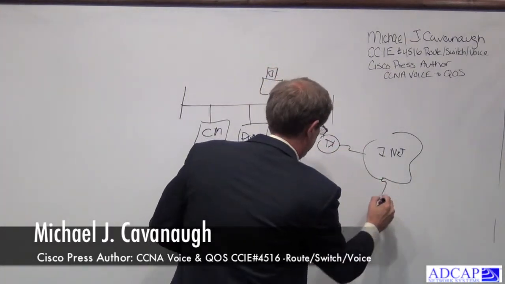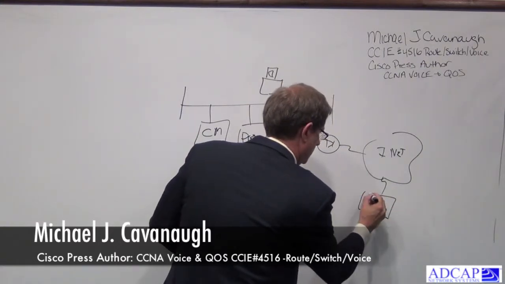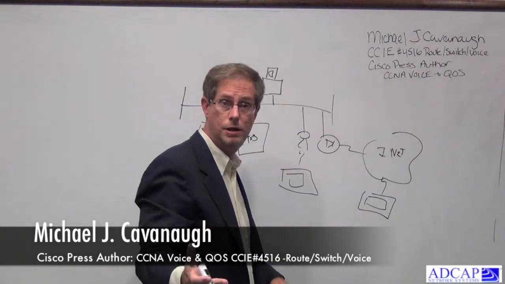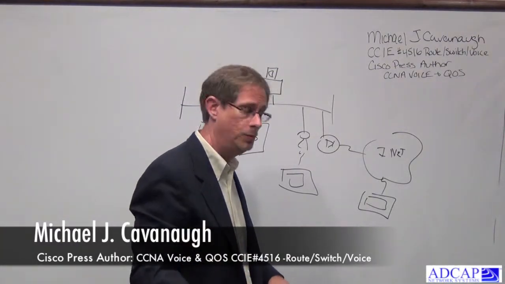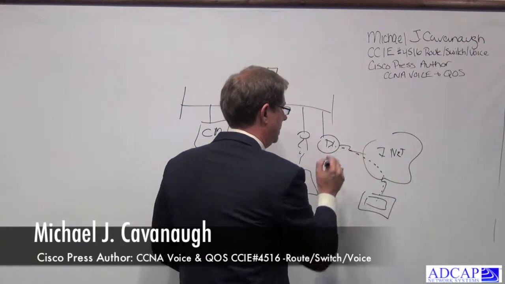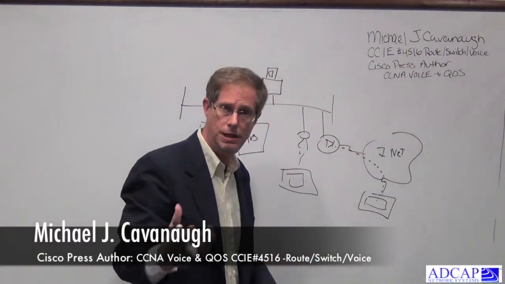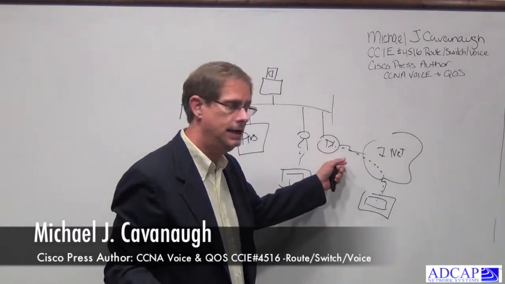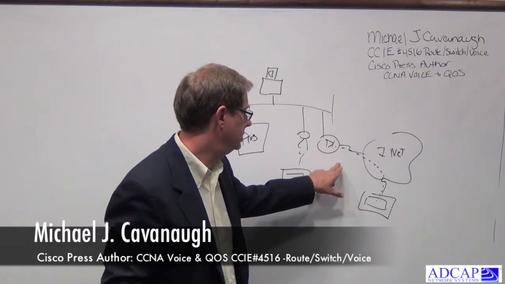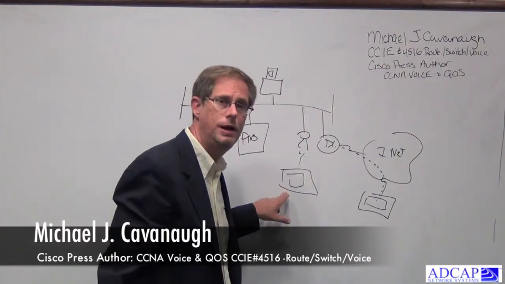I connect this same iPad either through my cellular or through, say, a wireless in a coffee shop or a guest network somewhere. I need to build that VPN. That VPN comes back to my ASA using the licensing we talked about before. AnyConnect, either Essentials or Premium, and then a mobility license. And once I've done that, I appear as if I'm on your network.